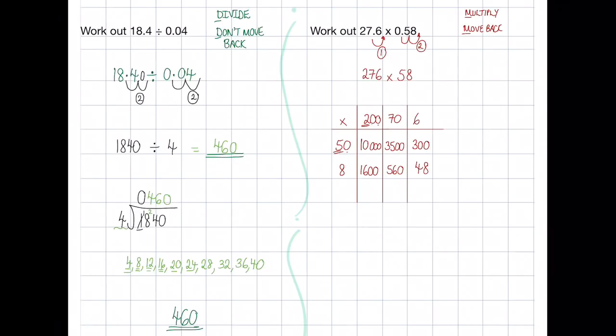Now at this stage I just need to make 100% sure that I've done the correct maths and I haven't made any errors with zeros or with my multiplying, otherwise my answer will be wrong and it will be a lot of work for not much gain.